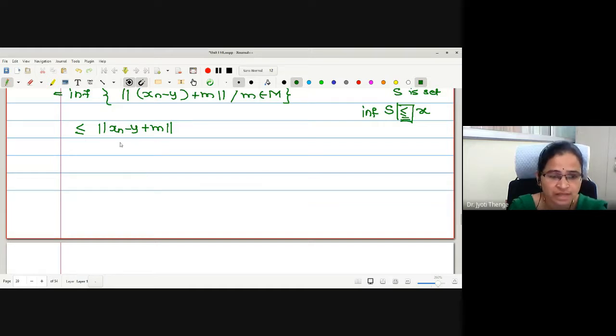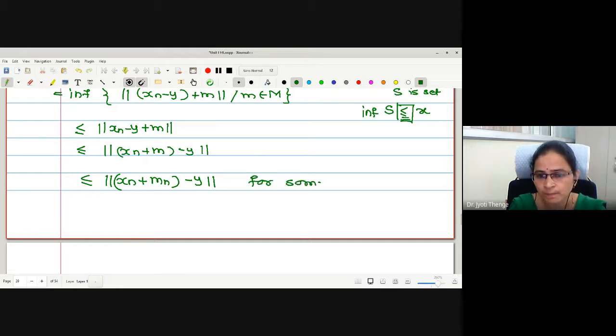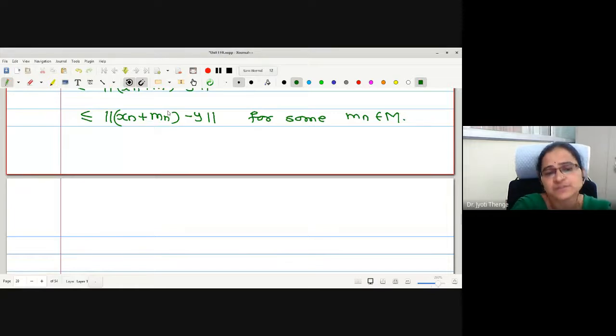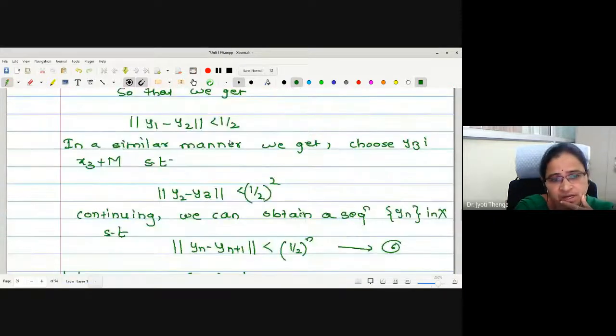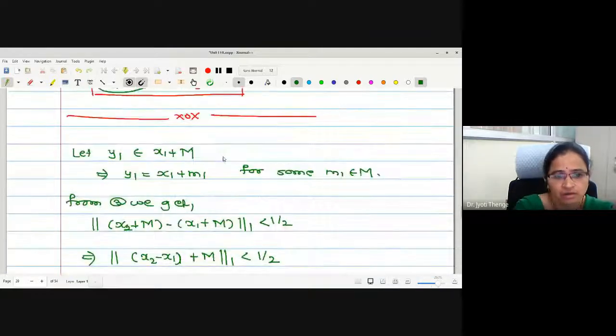Now what can I write again? Let me just rewrite this as the norm of xn plus some m minus y. Or I can write xn plus some element mn minus y, for some mn in M. For an arbitrary element I am writing. Now xn plus mn: as per the selection, y1 I have selected as x1 plus m1.